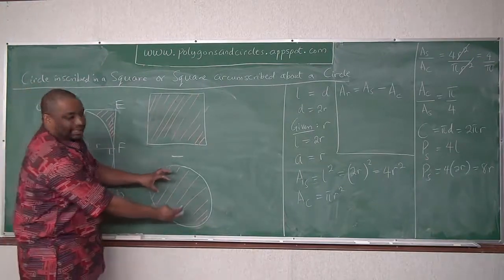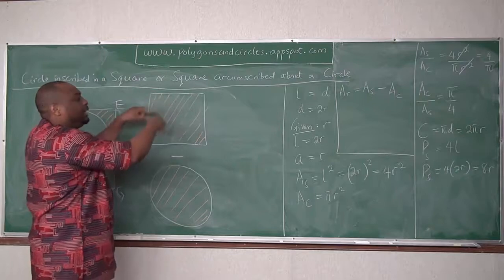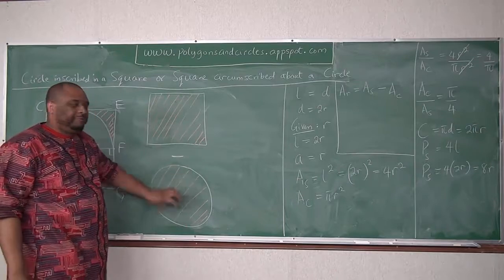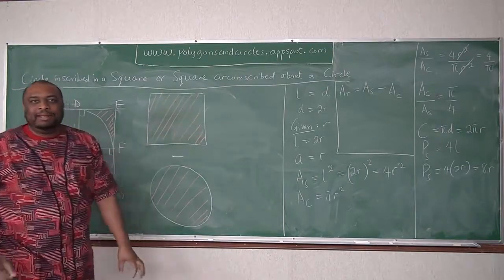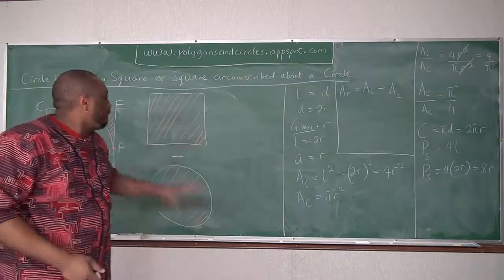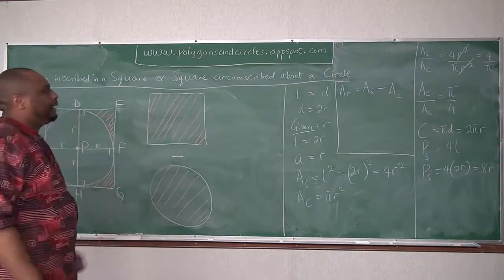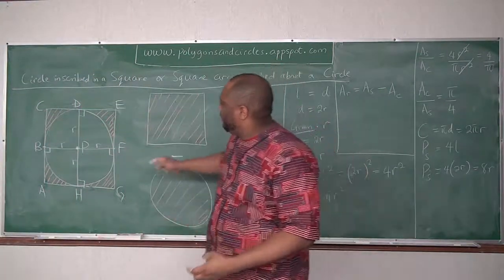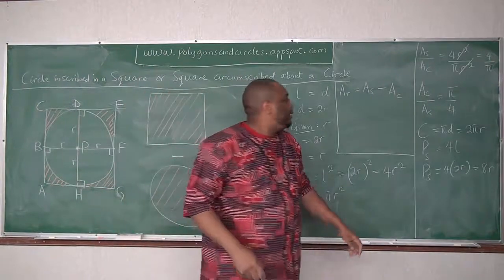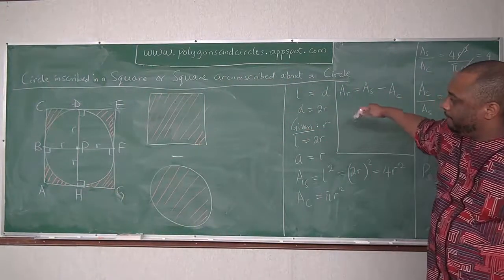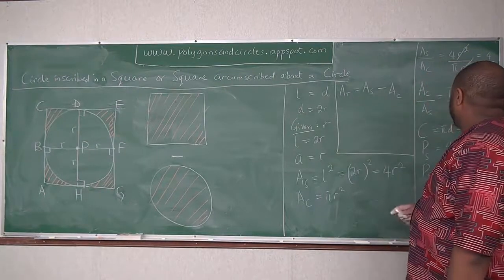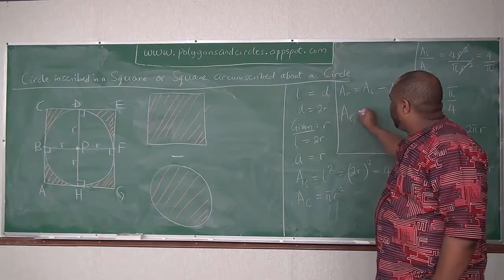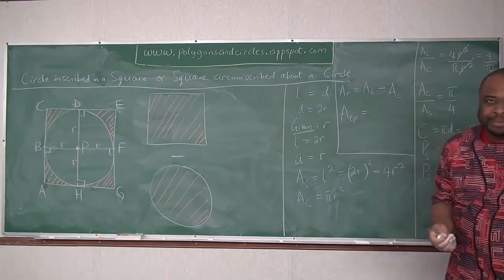Once you put the circle inside here, such that it touches the four side lengths of the square, then you now have this here. So the sum of the remaining areas, this shaded part, will be the area of the square minus the area of the circle.